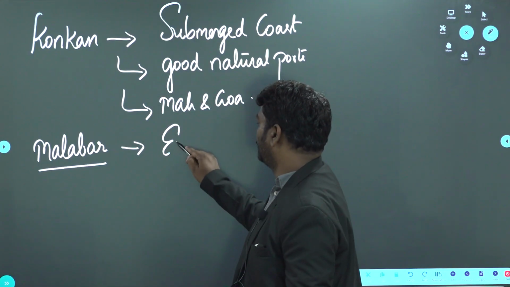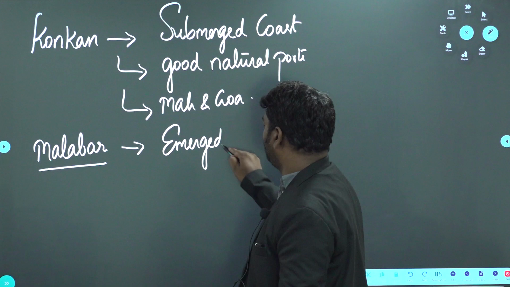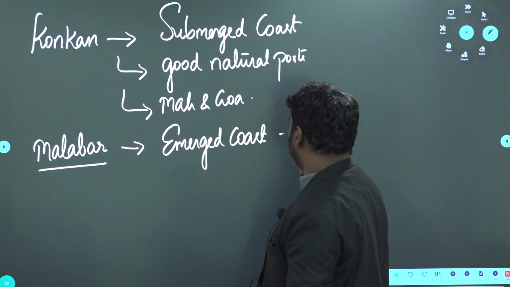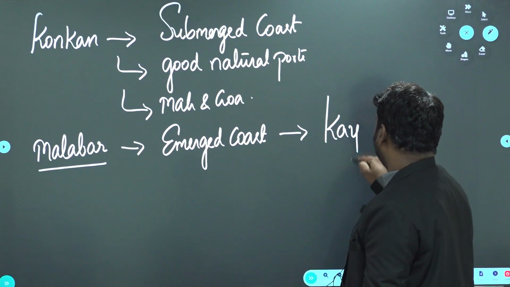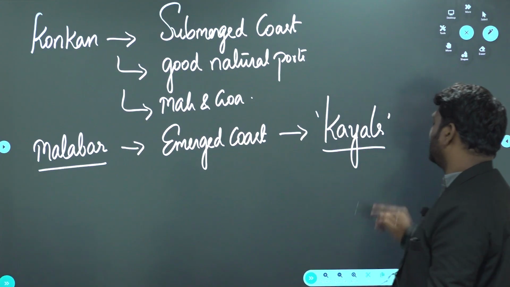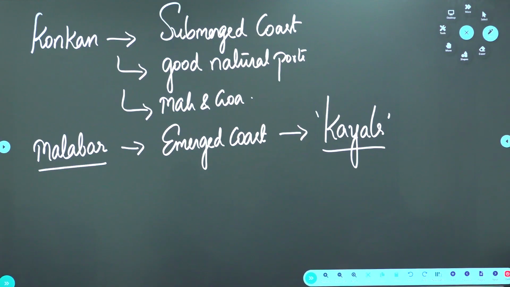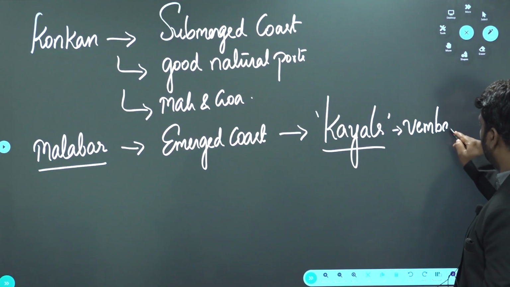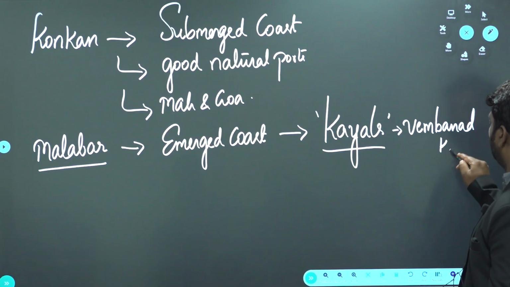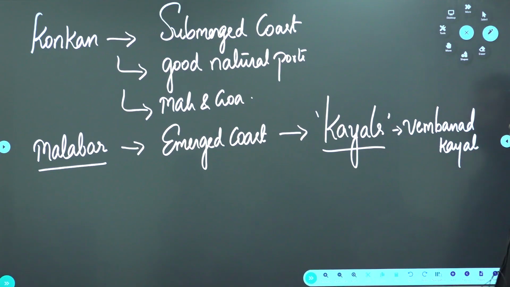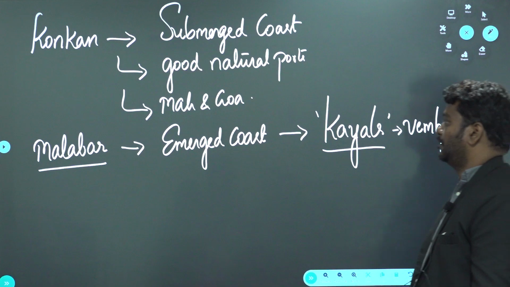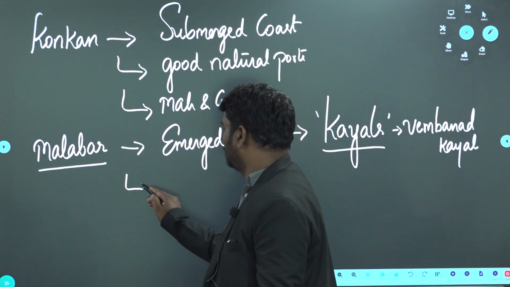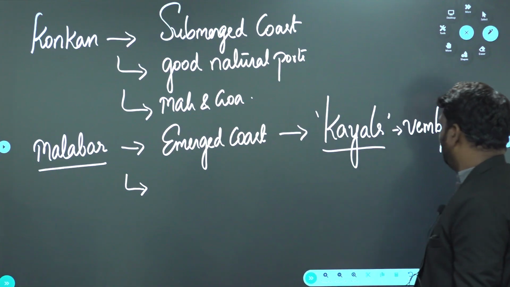Malabar is an example of emerged coast. And the most important feature is Kayals, backwaters. Among these, which is the best one? Vembanad Kayal.